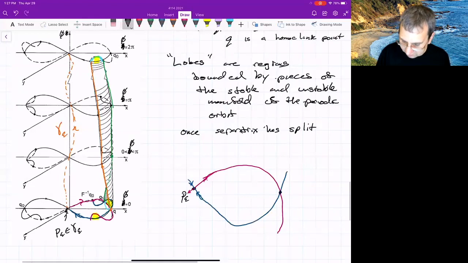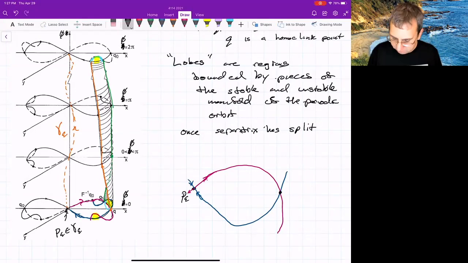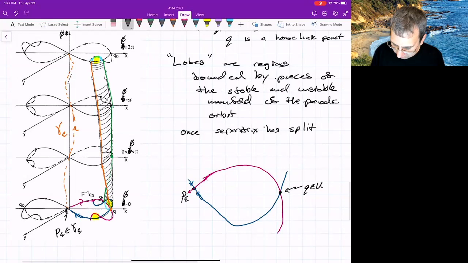So here's a point of intersection. And remember, this is a map. So this point of intersection, if you were to follow it forward, let's call this point Q. So Q is on this intersection of the stable and unstable manifold.